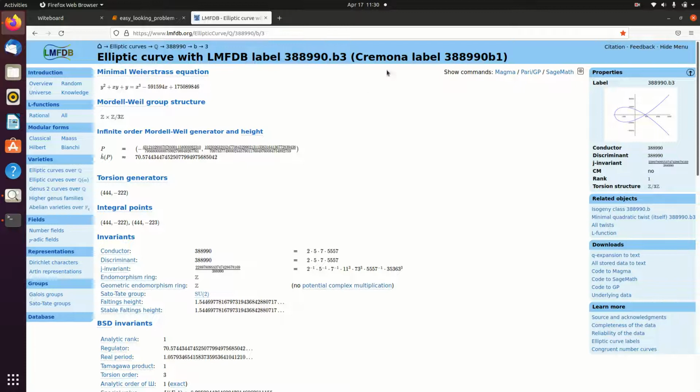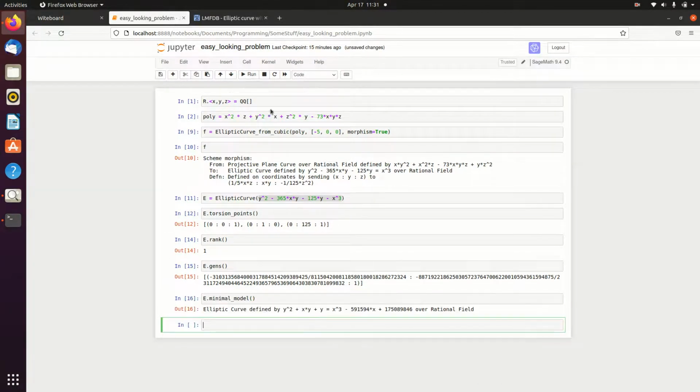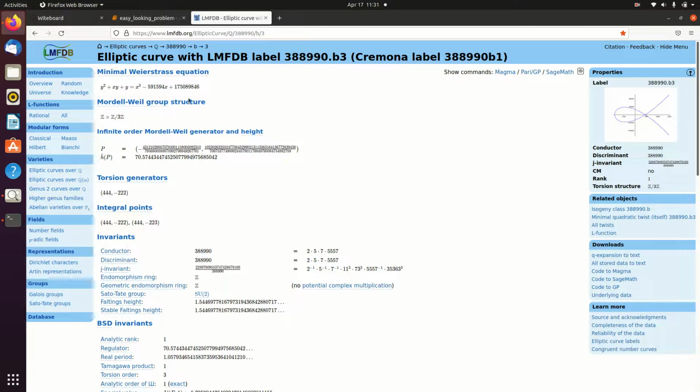Okay, and now we get a different looking, well, here it says minimal Weierstrass equation. So let's see if that's the same curve. So let's look for the minimal model, run, and we get this curve here. And that's exactly that equation, so we have the same curve.